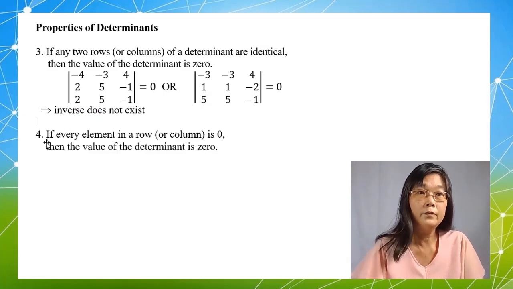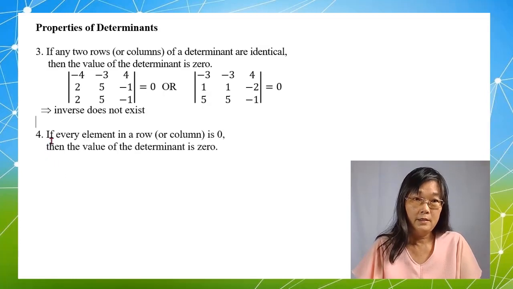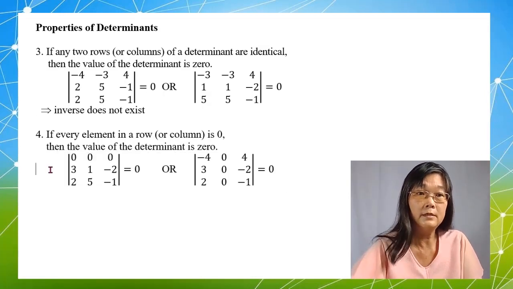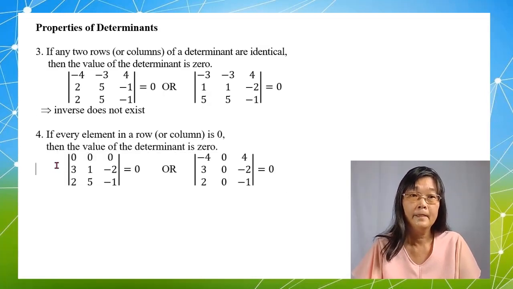Now for property number 4. If every element in a row or column is 0, then the value of the determinant is also equal to 0. So let's look at this example here.